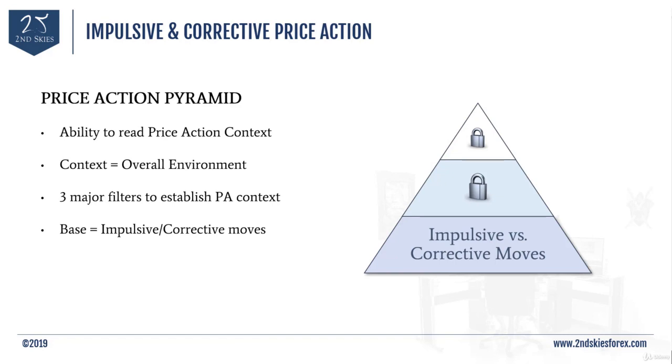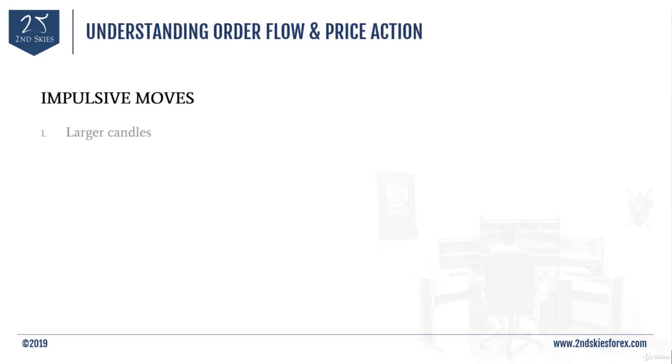We have a total of 3 filters that we use to establish the price action context, and the base of that is impulsive and corrective moves. Now, to start off with, impulsive moves have very defined characteristics that you're going to want to learn how to spot, so that they're completely automatic and subconscious, so you don't even have to think about them.